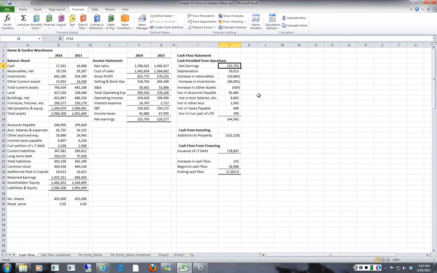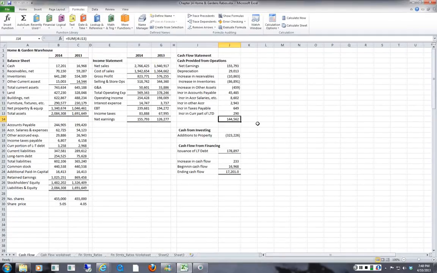And this amount is pretty close to the net earnings. And the author points out, if there is a big disparity, that is, if the net earnings is significantly higher than the cash provided from operations, then you have to look at maybe the company's doing something where they're making changes to the books to record more revenues or reduce costs in a way that will make the books look good, the net earnings good in the accrual method of accounting, whereas in the cash flow part of it, it may not support that.